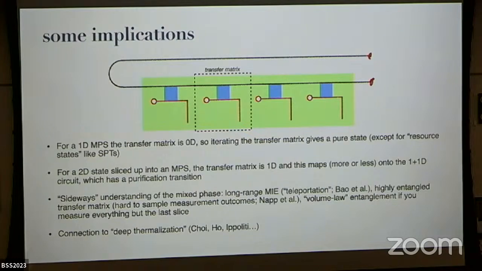You can think about these objects as being made up of random tensors, and then you multiply a bunch of them. You can think about a Kraus operator as some generic random tensor, and when you measure all the tensors out, you create long-range entanglement.